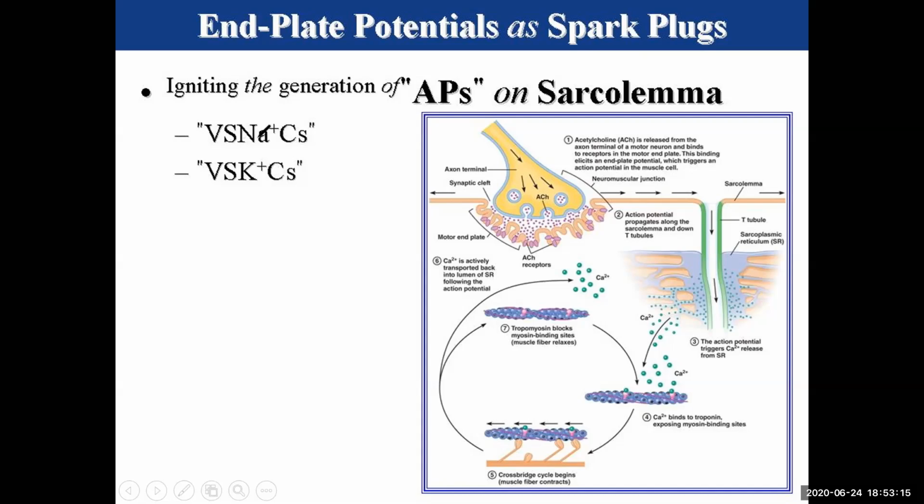So VS Na plus CS stands for voltage sensitive sodium channels. VSK plus CS stands for voltage sensitive potassium channels. And they are on the sarcolemma. That's why they can generate an action potential.